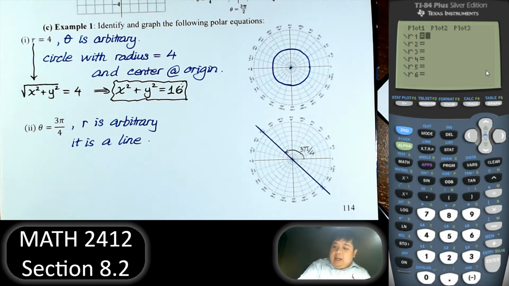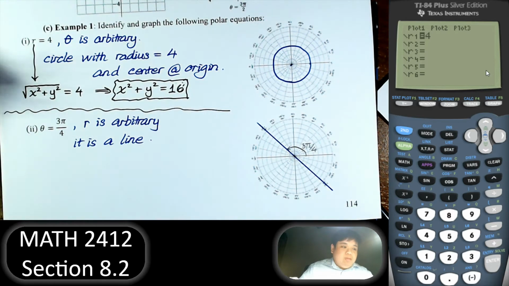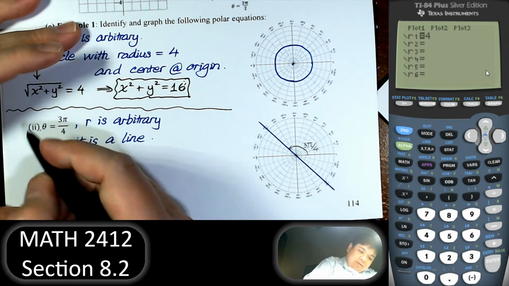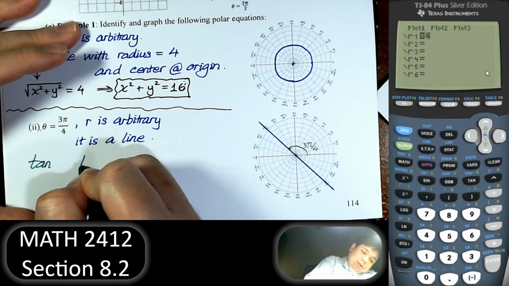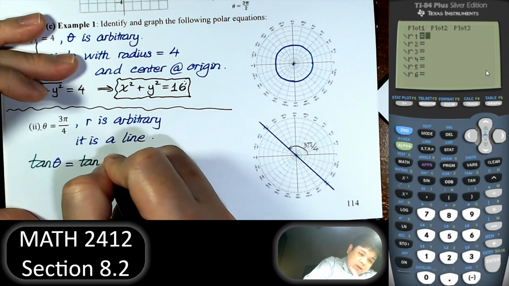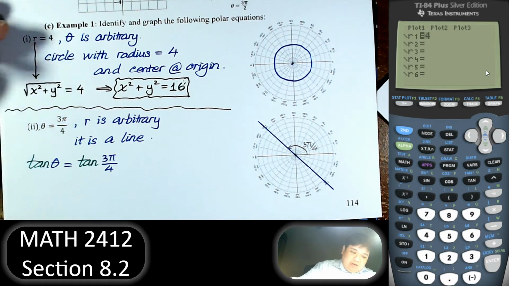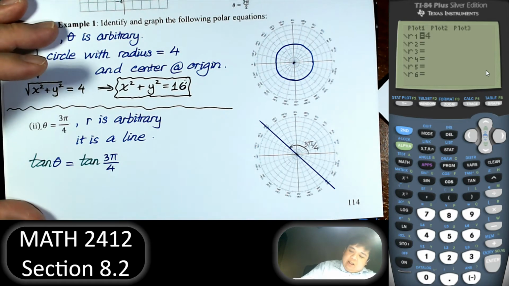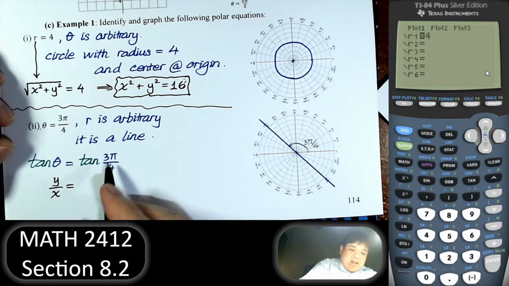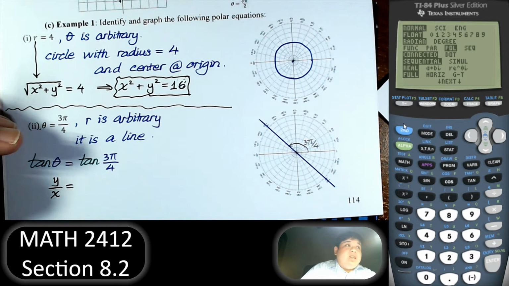Is there a better way, can we write this equation in terms of y and x? Of course, yes. In this case, why don't we take the tangent on both sides? Tangent of theta is y over x. So y over x and tangent of 3 pi over 4. By the way, when we graph, make sure it is in radian mode.